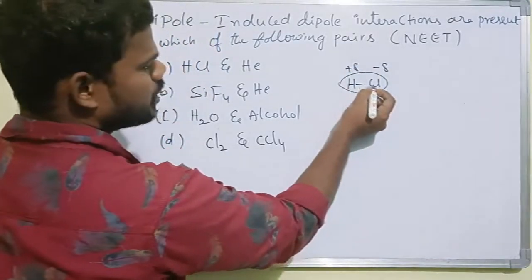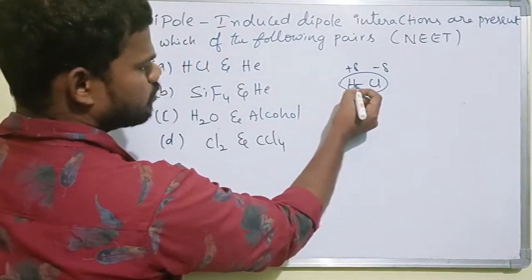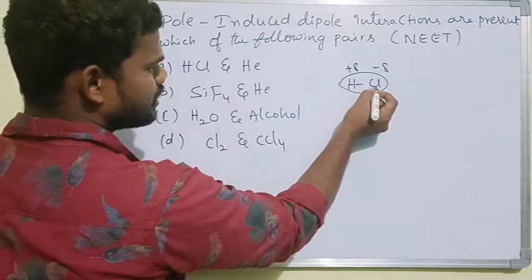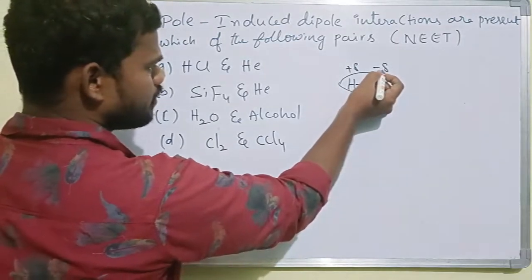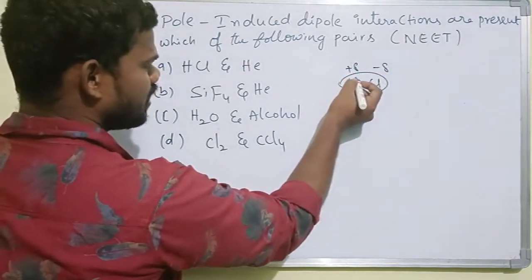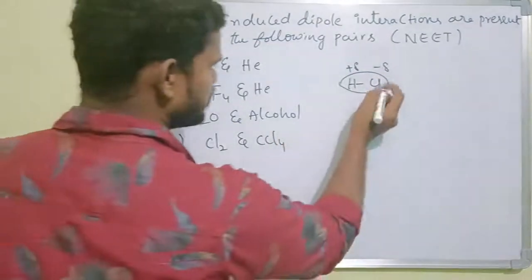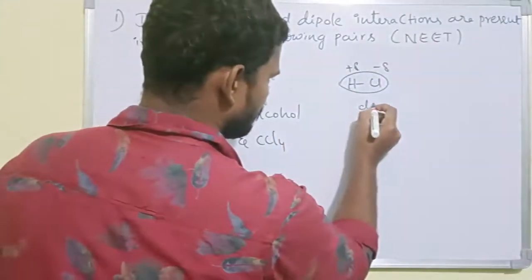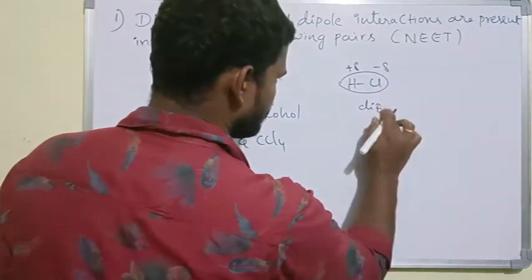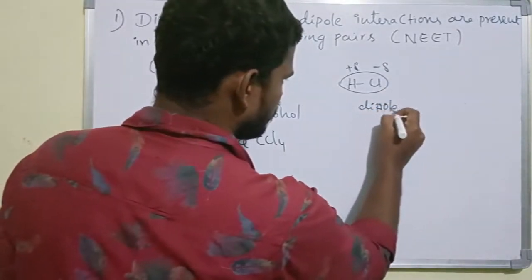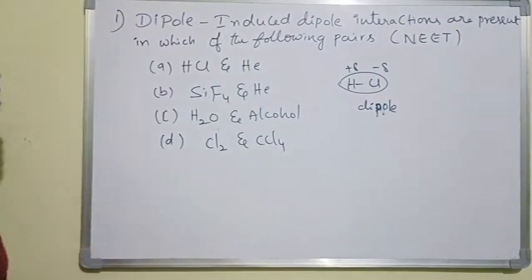Chlorine is more electronegative than hydrogen, so it attracts electrons toward itself, gaining a partial negative charge while hydrogen gets a partial positive charge. This is a dipole molecule.